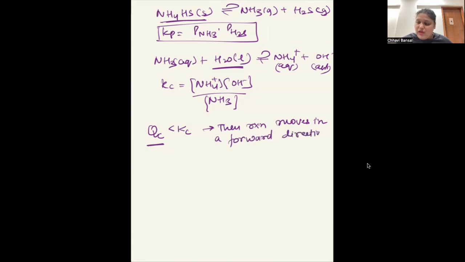What do I mean by this? I'll give you an example and explain. Let me explain the other things also. When QC is equal to KC, it is already at equilibrium. There will not be any forward or reverse change to shift the equilibrium. When QC is greater than KC, the concentration of product is higher and the concentration of reactant is much lower than at equilibrium. That's why the reaction will shift in the reverse direction.